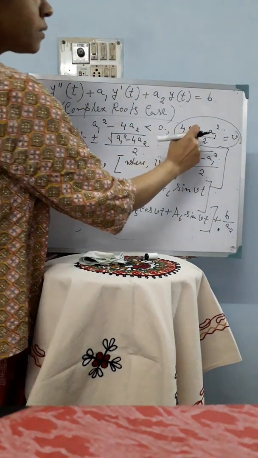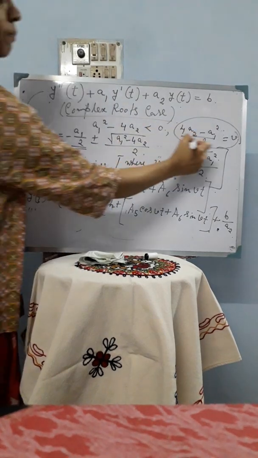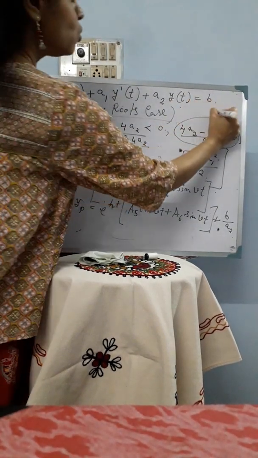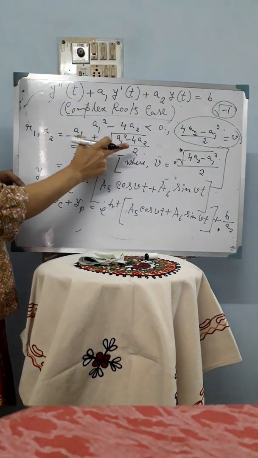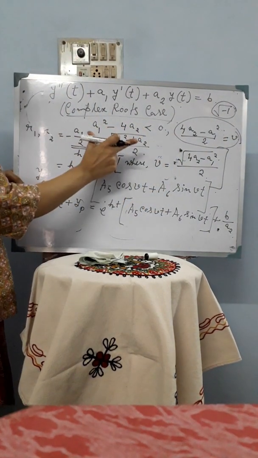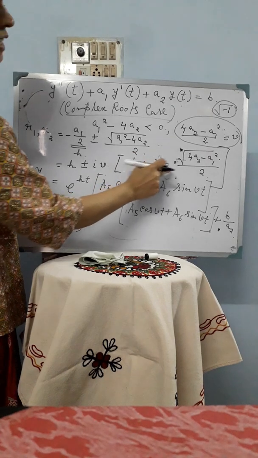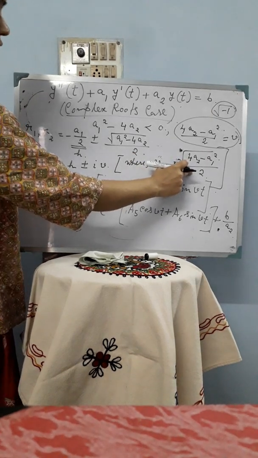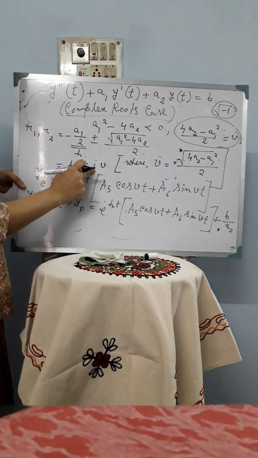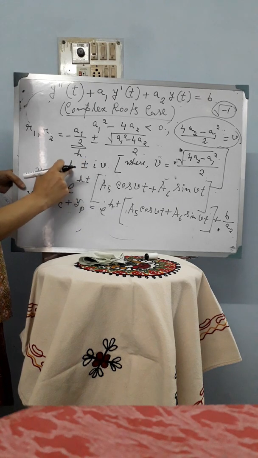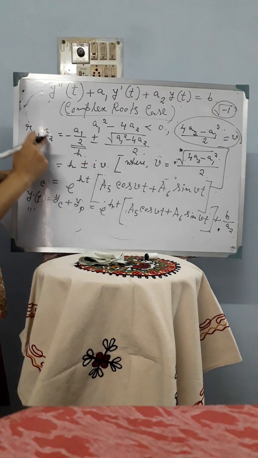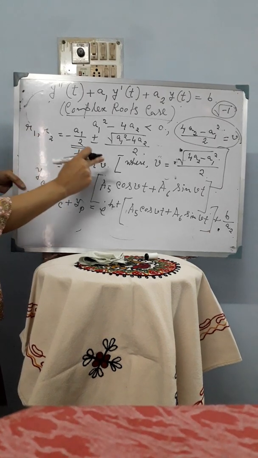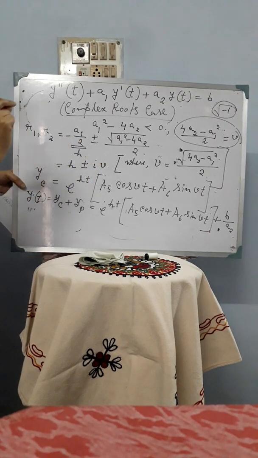So we have to multiply this term with √-1 to get the values of r1 and r2. So we have to put i here before v, so we will get h ± iv. So one root is h + iv, the other root is h - iv. So in both the cases the roots are complex in nature.